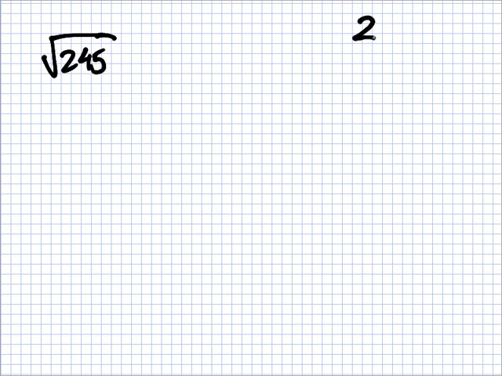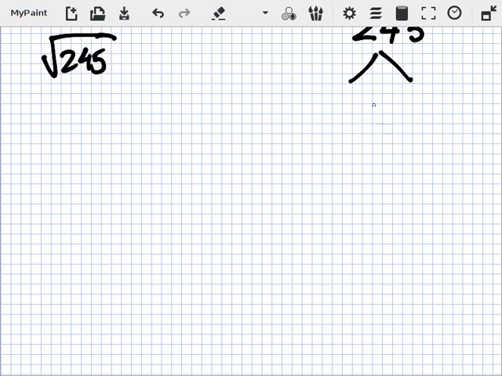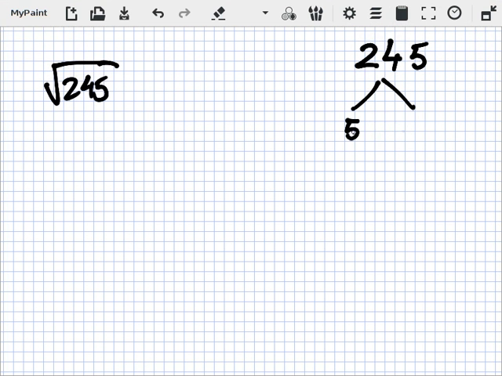We do something called prime factorizing. You take your 245 and you write it as a multiplication of two numbers, any two numbers except 1. Obviously 245 and 1 is not really useful. So maybe I'll go with 5 and 49.